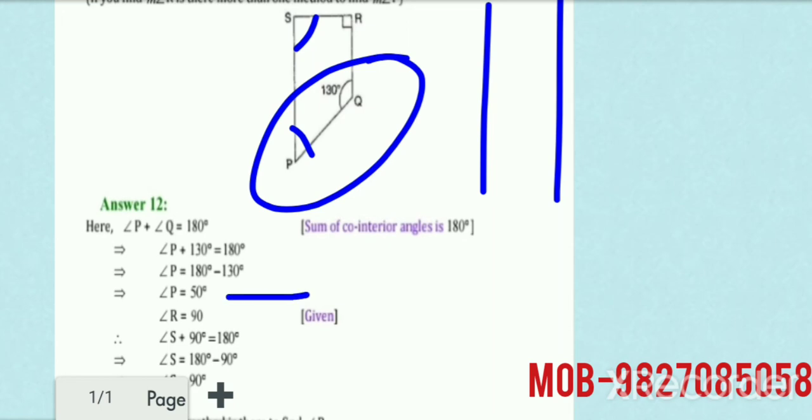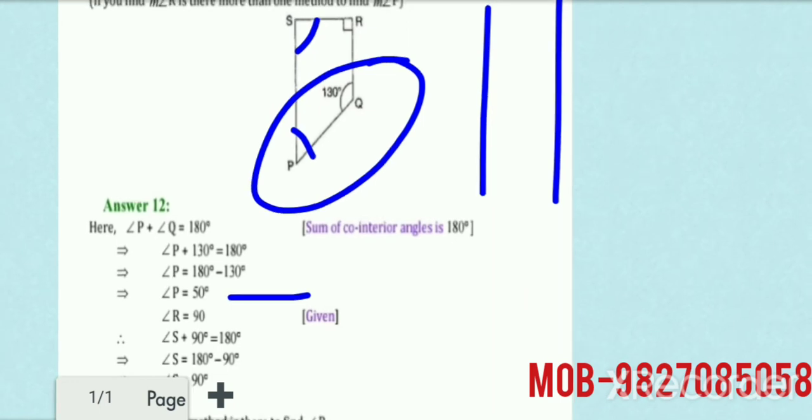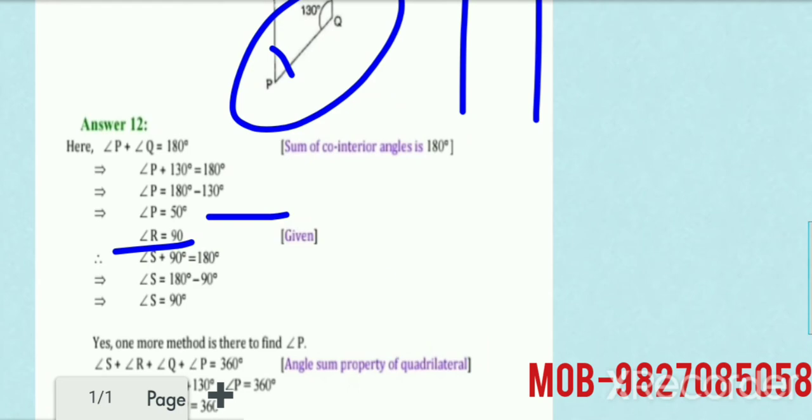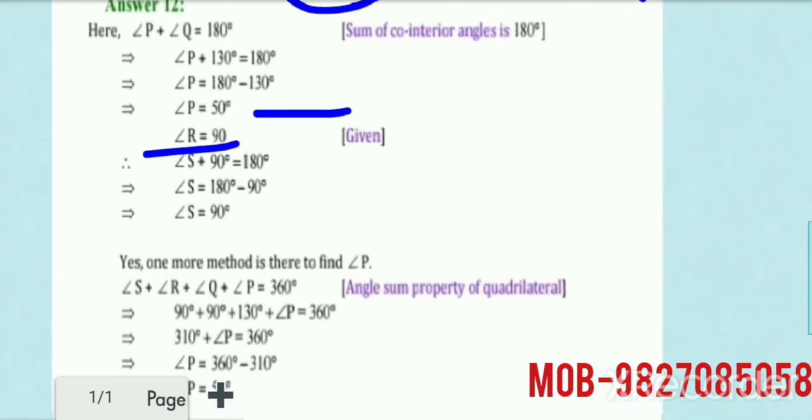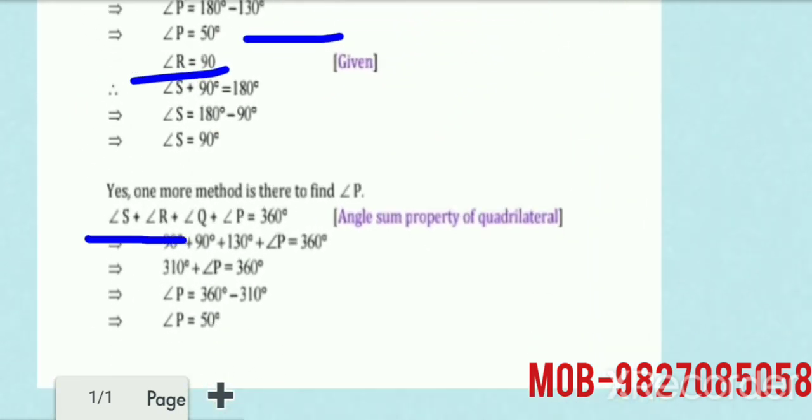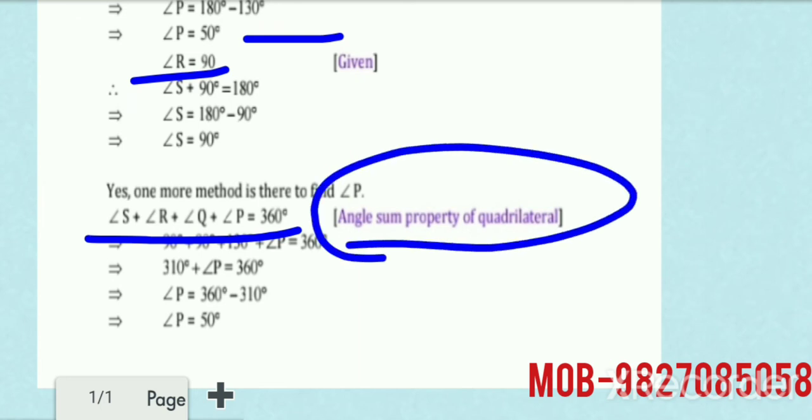Now the sum of a quadrilateral is 360, so we add angles P, Q, R, S. Here angle R is equal to 90. So we are adding all the angles. Angle P plus Q plus R plus S is equal to 360, because the sum of all interior angles of a quadrilateral is 360.